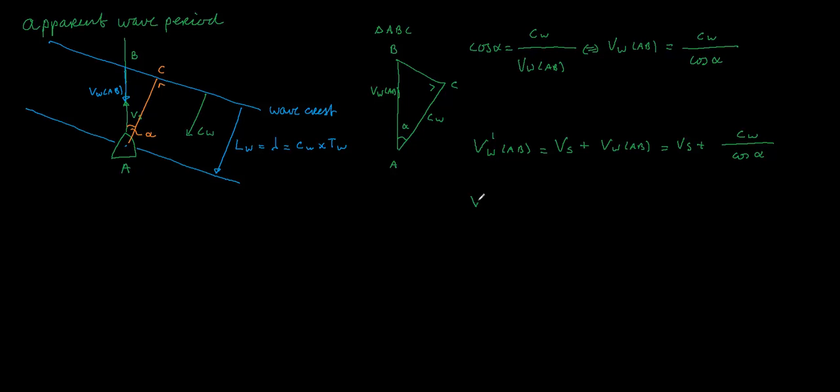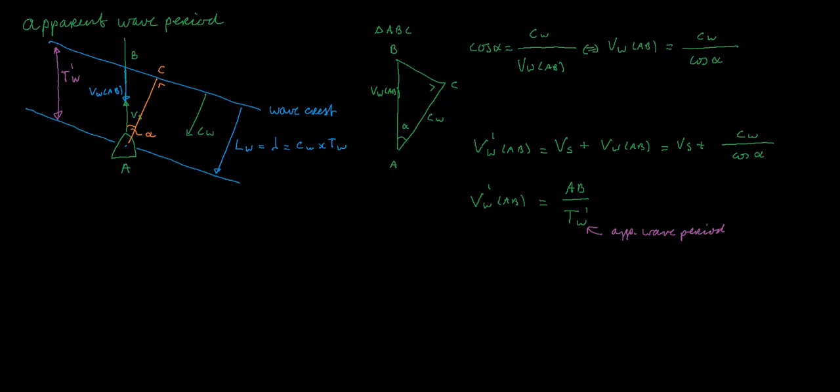We also know that the apparent wave speed AB is AB divided by T accent, the apparent wave period. So this in the direction of AB, same direction as the course, is your T accent, the wave period in the direction of AB. So this would be your apparent wave period.